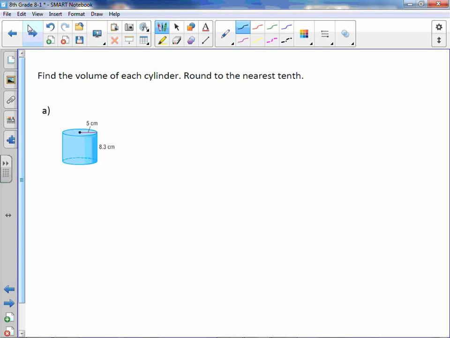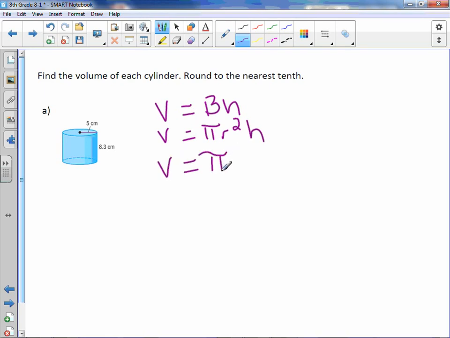Find the volume of each cylinder, round to the nearest tenth. So volume equals big BH, but volume equals pi r squared h. It doesn't say to substitute for pi, so we will actually type in pi in our calculators. The radius is 5 centimeters, and the height of the cylinder is 8.3.